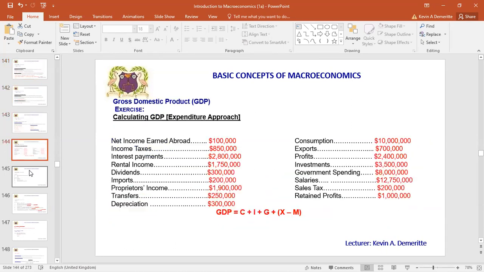All right, so let's look at the table and see what we can find. And if you would notice on the right-hand column, second from the bottom, you will see we have a sales tax. Clearly, a sales tax is an indirect tax because if you don't buy the item, you don't have to pay the tax. So it's an indirect tax. So that sales tax of 200,000.